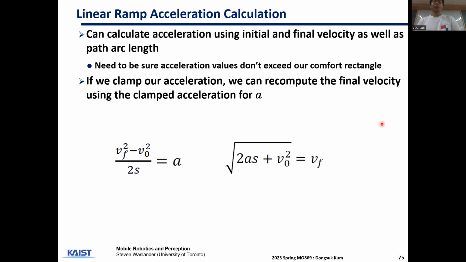So if we clamp our acceleration, we can recompute the final velocity using the clamped acceleration A. So if this is the acceleration formulation, we can use this to limit the acceleration in order to follow the comfort rectangle.